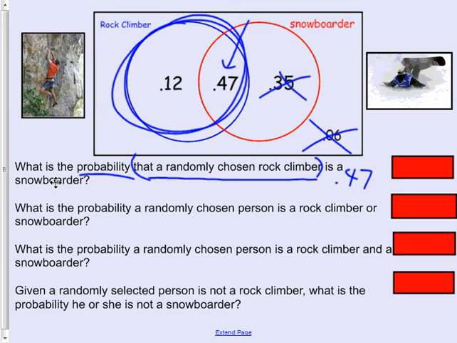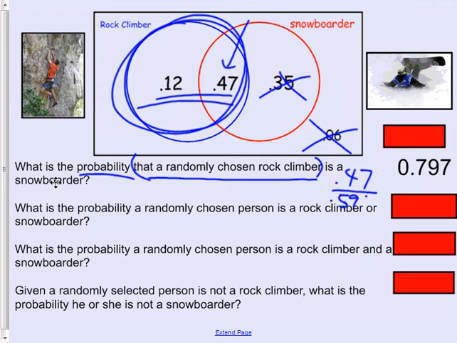No. It's 0.47 out of, now if we didn't have this given, we could just say divided by 1, but we have the given, and the given narrowed it down. So now what's possible? Everything? No. Those 2. So those 2 together is 0.59, and there we go, 0.47 over 0.59, which, if you divide them, comes out to 0.797.